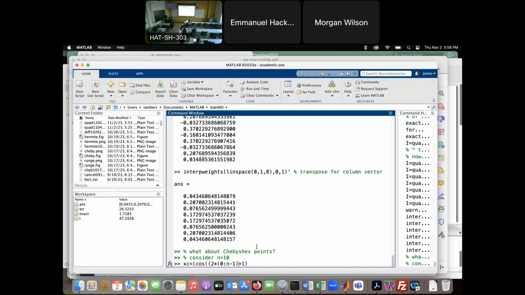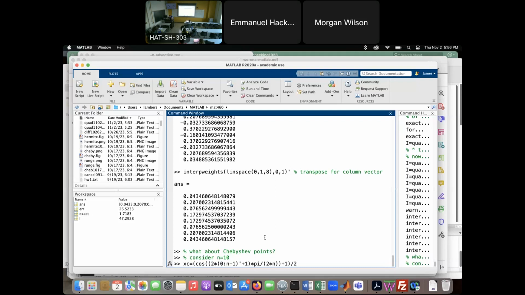I transpose it because I like column vectors, times pi over 2n. Here's the formula for Chebyshev points, but these are for the interval -1 to 1, and I'm not integrating on -1 to 1, I'm integrating on 0 to 1. So what I need to do is shift them up by 1, and then divide by 2.